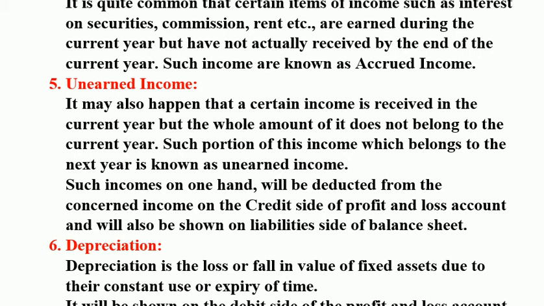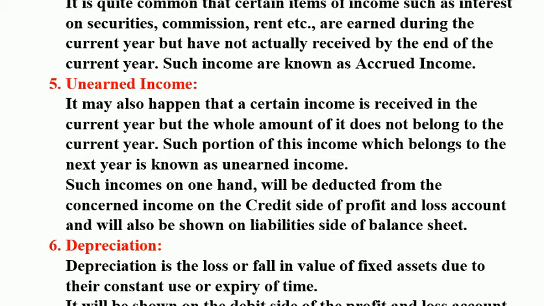सो उस इनकम को हम क्या करेंगे, पर्टिकुलर रिलेटेड इनकम से माइनस करेंगे इन योर ट्रेडिंग और प्रॉफिट एंड लॉस अकाउंट. And such income on one hand will be deducted from the concerned income, as I told you, on the credit side of profit and loss account or whatever the trading account, and will also be shown in our liability side of the balance sheet. Why?